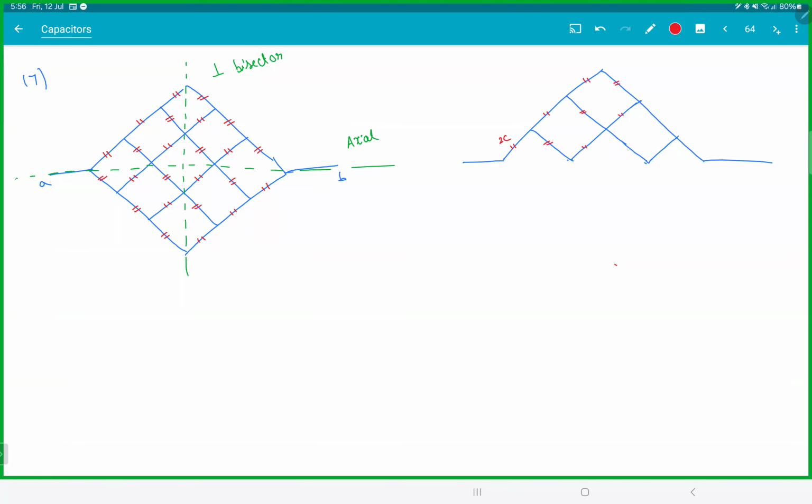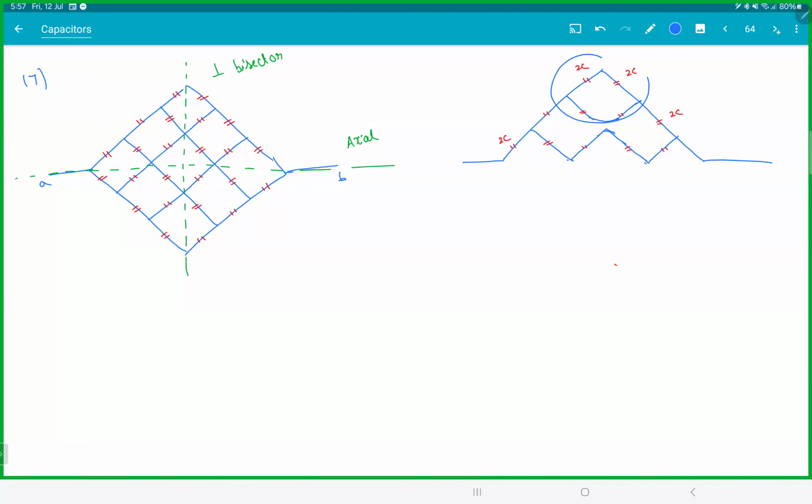So every one capacitor overlapped on the other. And then you can also remove the thing in the center. There. Making sense? Both will work at the same time.